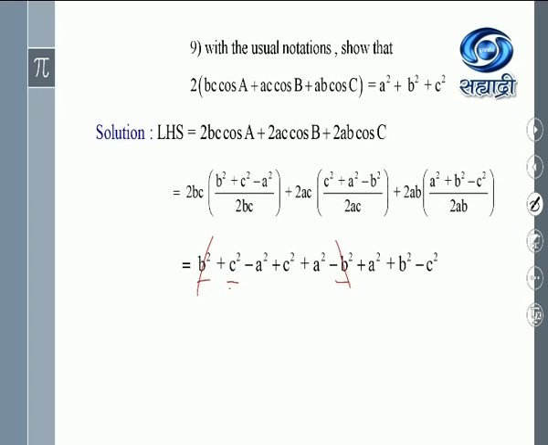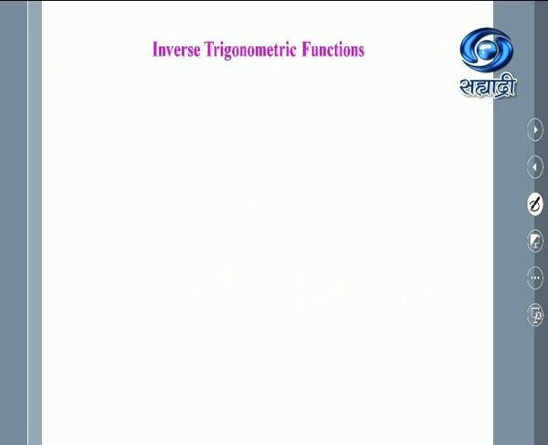Then plus C square and minus C square also gets cancelled. Then minus A square plus A square gets cancelled. Okay, and we are left with A square plus B square plus C square. So with these terms we are left, which is nothing but RHS. Is the idea clear? So remember, the same sums we can try by different methods.